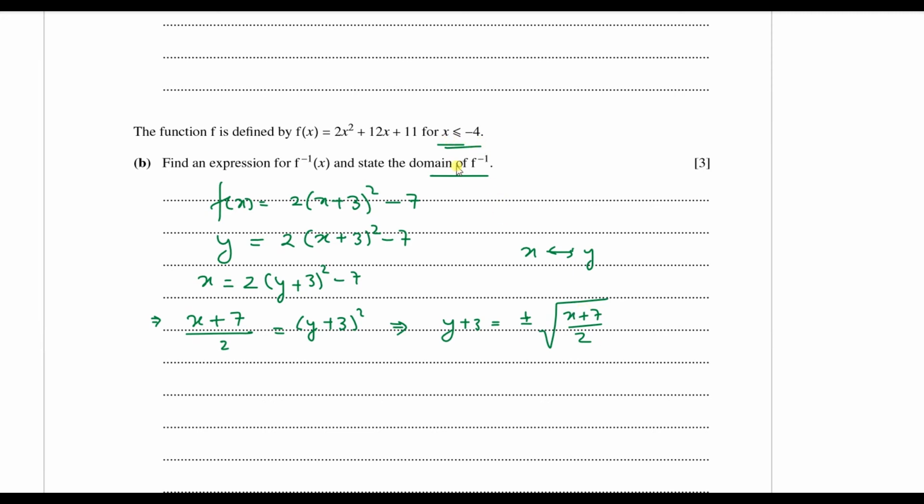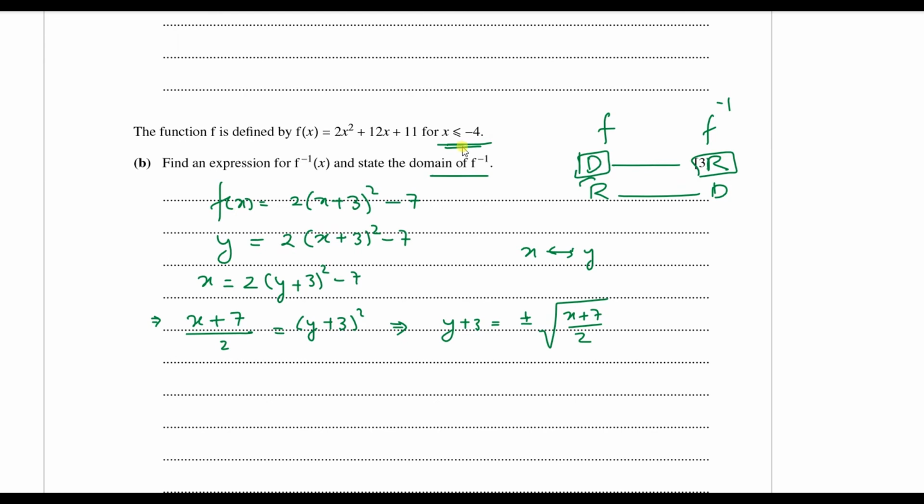And we know that for f and f inverse, the domain of one is actually the range of the other, and the range of one is exactly the domain of the other. So if the domain of f is x less than or equal to minus 4, then the range of f inverse should be less than or equal to minus 4.